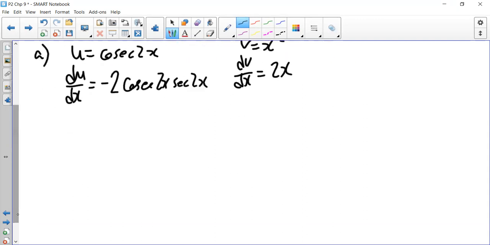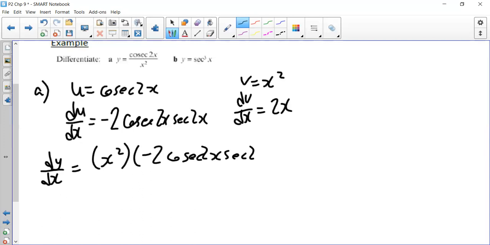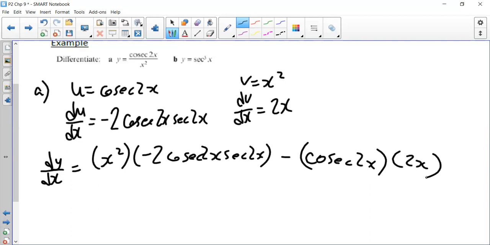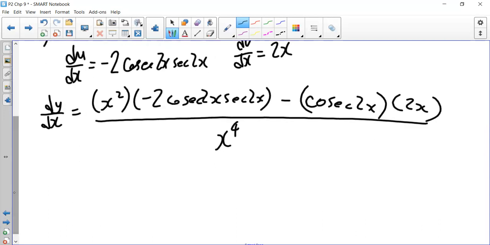Quotient rule: dy by dx equals v du minus u dv over v squared, which is x squared squared, x to the power 4. Okay.